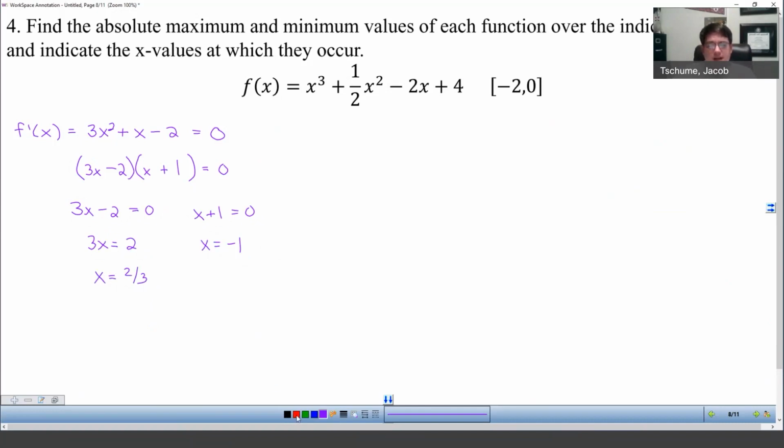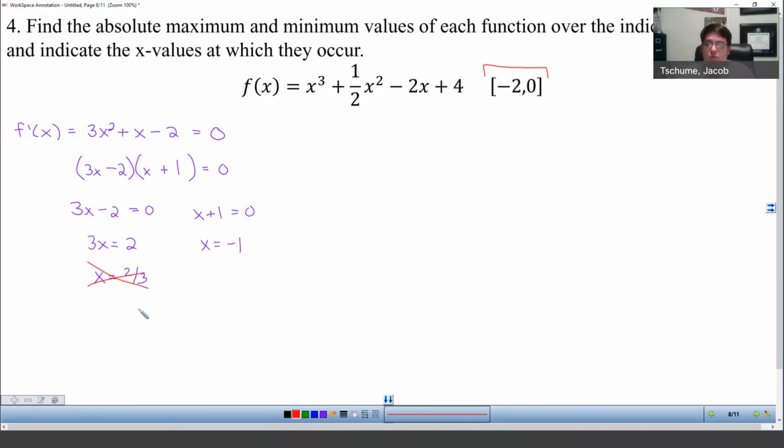And for the first time, there's an issue we have to be aware of. This doesn't happen very often, but it happens on this one. Remember, the original interval is only between -2 and 0. If you happen to get a critical value that doesn't fall between those two numbers, you have to exclude it. Positive 2/3 does not fall between -2 and 0.